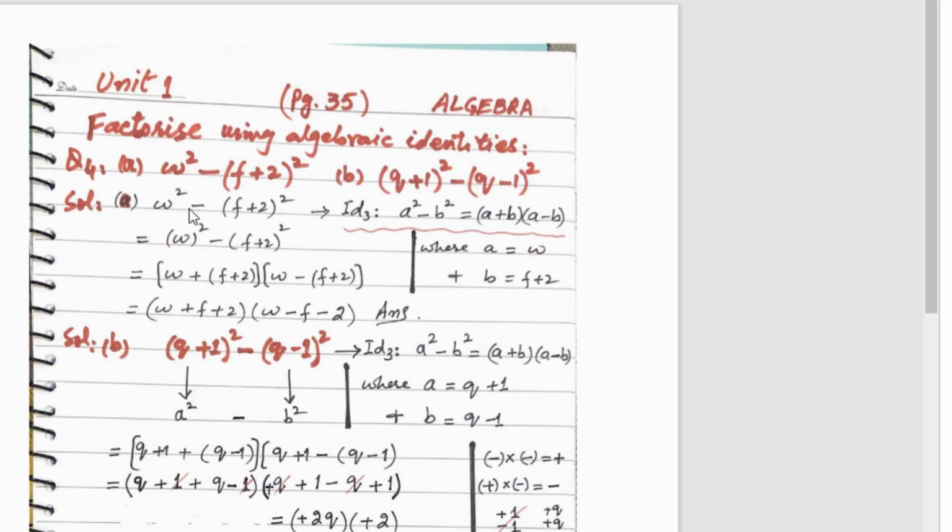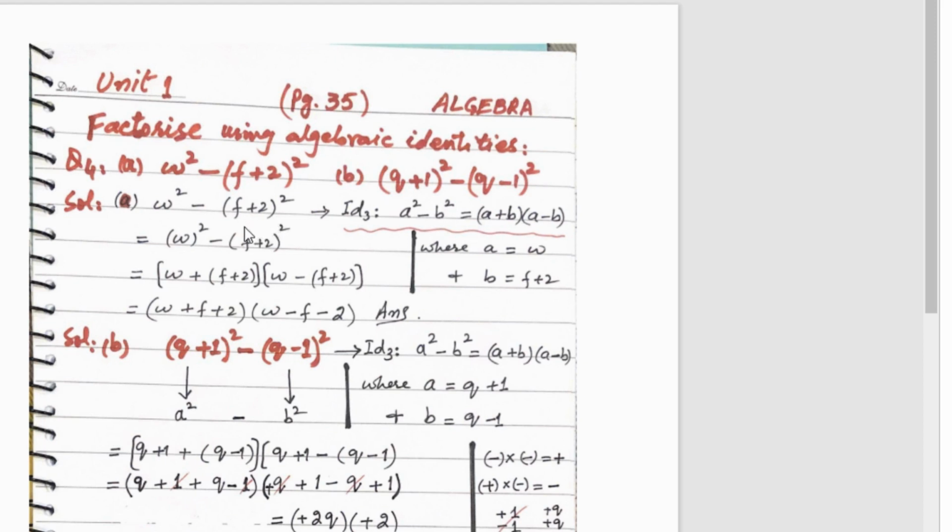Now come to question number 4. In this question, two terms are given to you, part A and part B. Here again we are going to use algebraic identities to factorize these given quadratic expressions. The first quadratic expression in part A is w square minus (f plus 2) whole square.